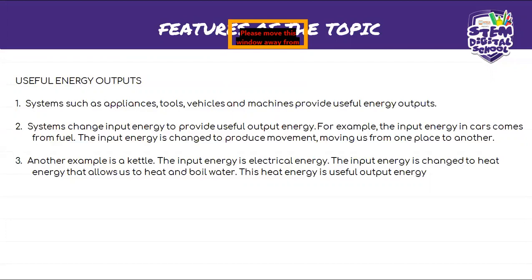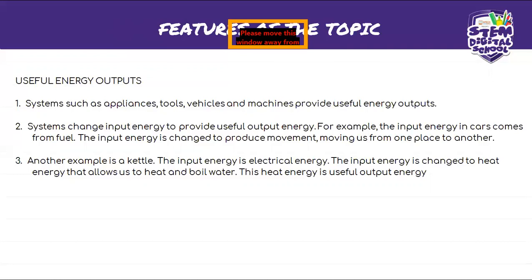Systems such as appliances, tools, vehicles, and machines provide useful energy output. I repeat, systems such as appliances, tools, vehicles, machines provide useful output. Systems change input energy to provide useful output energy. For example, the input energy in cars comes from fuel.